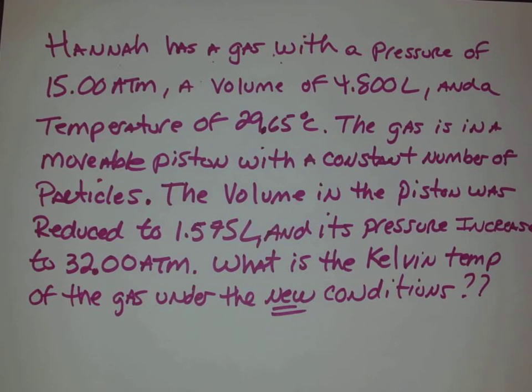The gas is in a movable piston with a constant number of particles. The volume in the piston was reduced to 1.575 liters, and its pressure was increased to 32 atms. What is the Kelvin temperature under the new conditions?